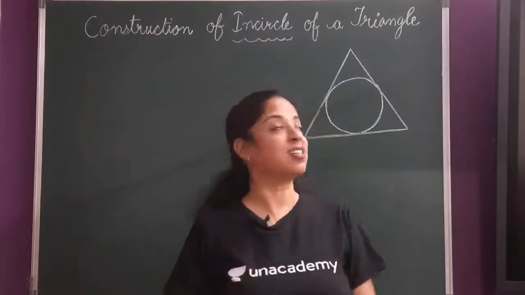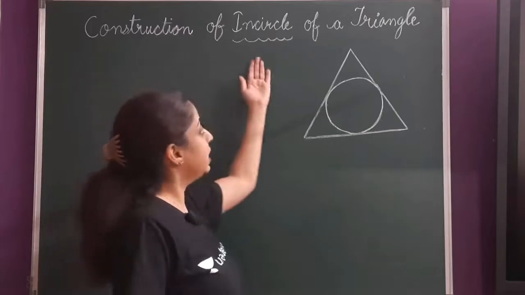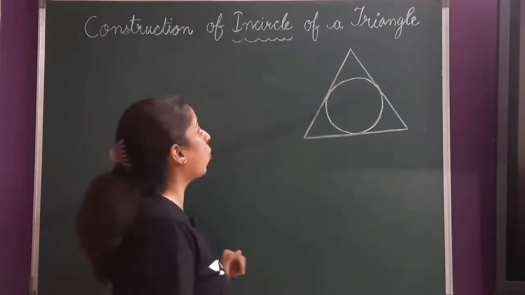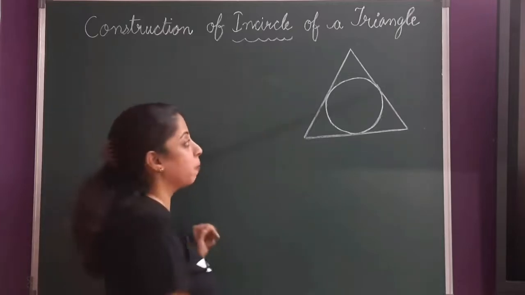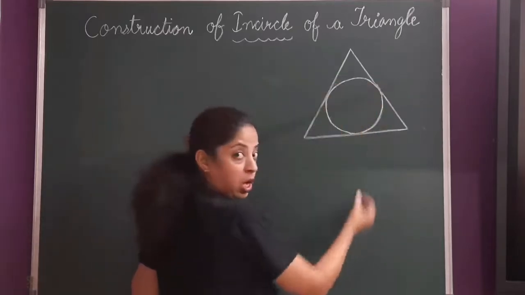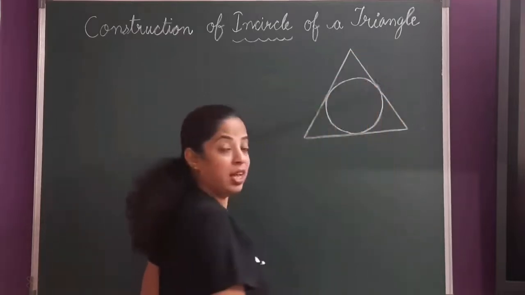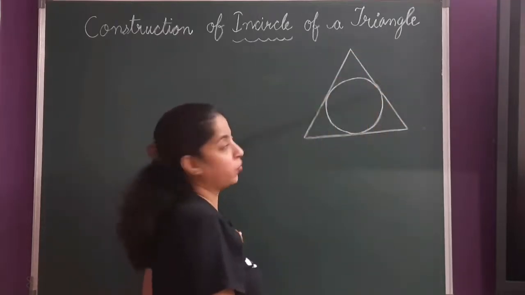So students, let's start the construction of incircle of a triangle. Before starting the construction, let me tell you what is incircle of a triangle. So any circle which touches all the three sides of a triangle is known as incircle of that triangle.